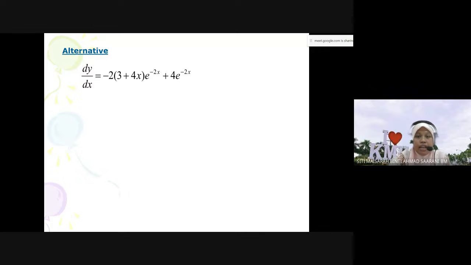Another way, you have to be creative. We create from the second derivative. Our dy/dx is negative 2 multiplied by 3 plus 4x e power negative 2x, plus 4e negative 2x. Since 3 plus 4x e power negative 2x is y, we change it to negative 2y plus 4e negative 2x.